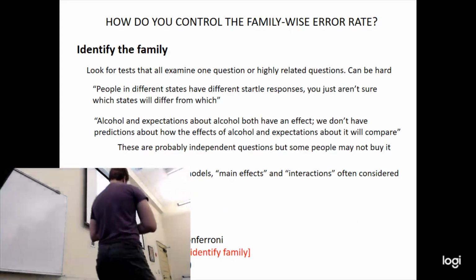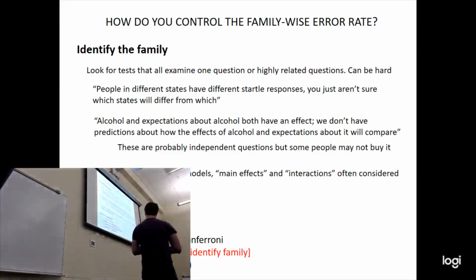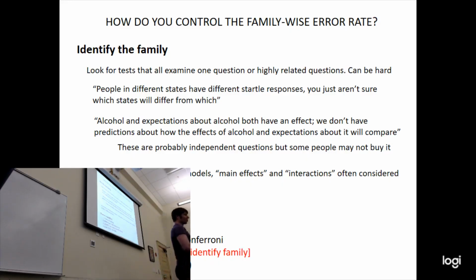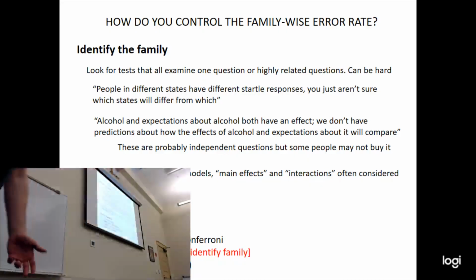So the last one is Scheffé. And one nice thing about Scheffé is that if you're working in a research design that Scheffé covers, so Scheffé likes big multi-contrast designs, then you don't have to define a family. So that part you don't have to worry about. But you do pay a penalty for using Scheffé.